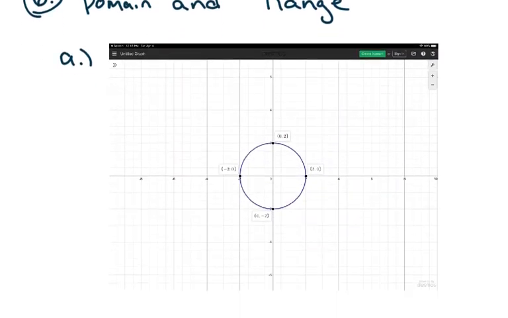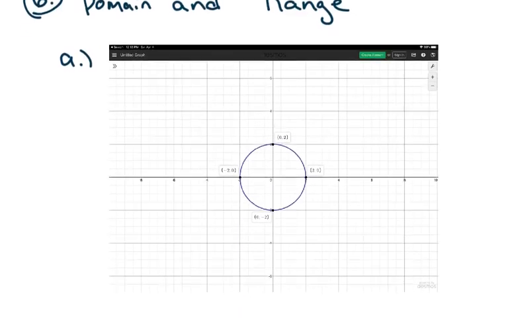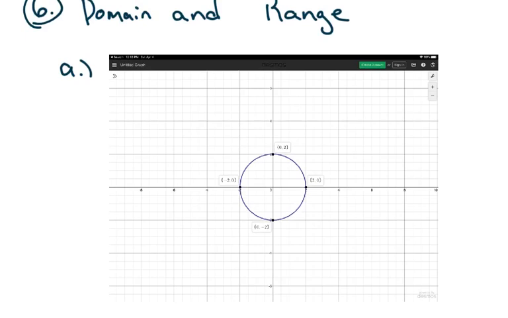Next way we could see this is it could be asking you to find the domain and range of, say, a circle. And this is interesting because the x values are all the values throughout where the relation exists.